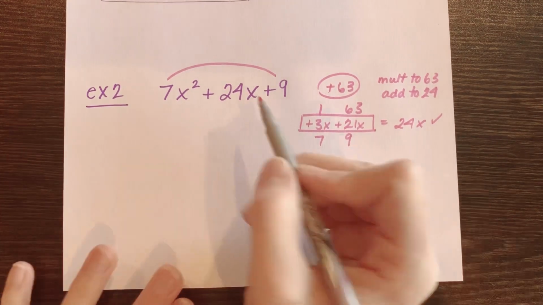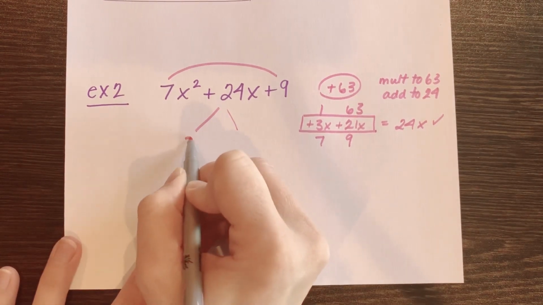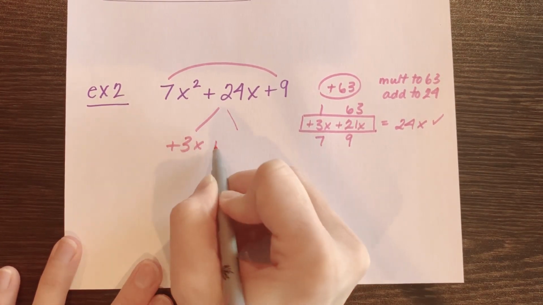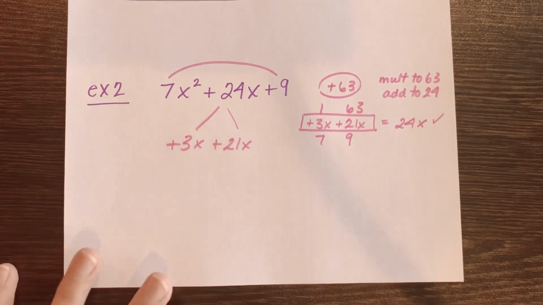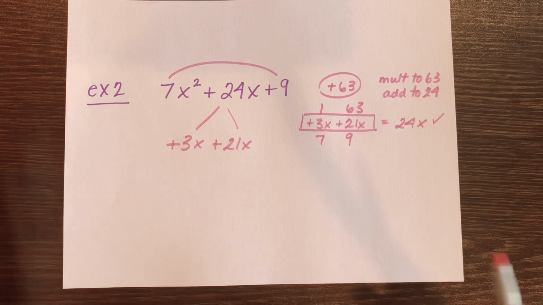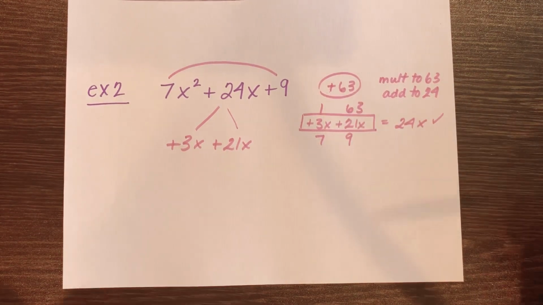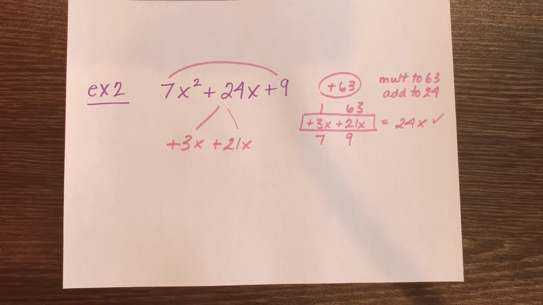Okay, so I am going to take that 24x and replace it with a positive 3x and a positive 21x, not caring where I put each, doesn't matter. Like I said, I will typically have my smaller numbers written on the left because this is how I list my factors. I don't randomly list my factors because then I might leave some out.